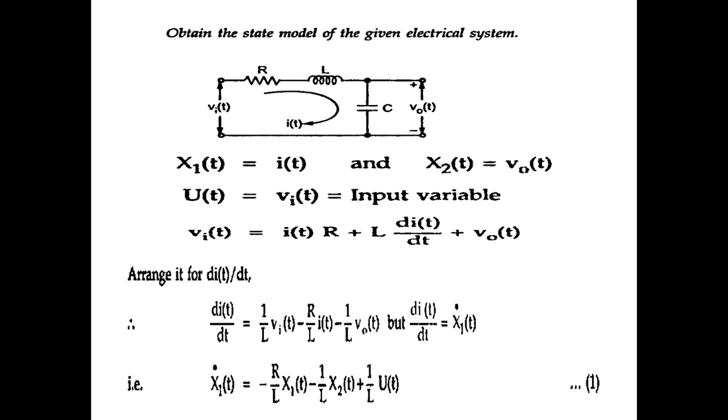So I need to rearrange this equation in the form of di of t divided by dt. Rearranging, we get 1 by L into Vi of t minus R by L into I of t minus 1 by L into V naught of t. But di of t divided by dt is nothing but x1 dash of t. If I differentiate current with respect to t, we get x1 dash of t.